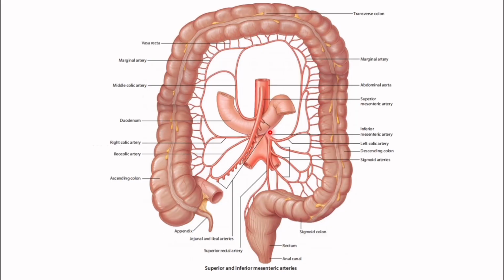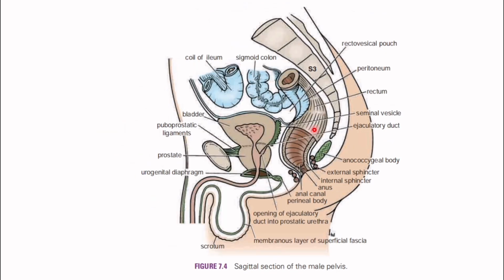Then in males, posteriorly we have the sacrum, and anteriorly we have some coils of the sigmoid colon. Then we also have the posterior surface of the bladder.